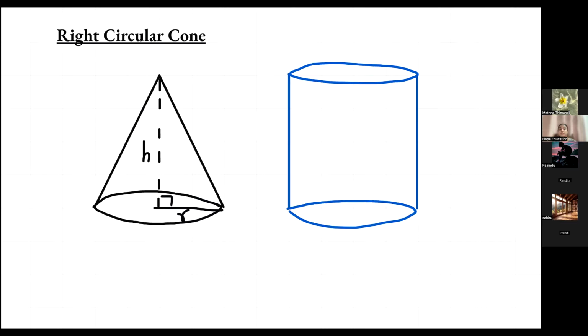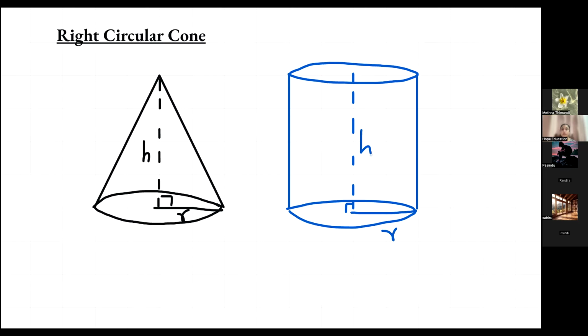If you take this right circular cone, the radius of its circular base is R, and the radius of the circular base of this cylinder is R. The perpendicular height of the cone is H, and the perpendicular height of the cylinder is H. See, same dimensions, I mean same measurements.